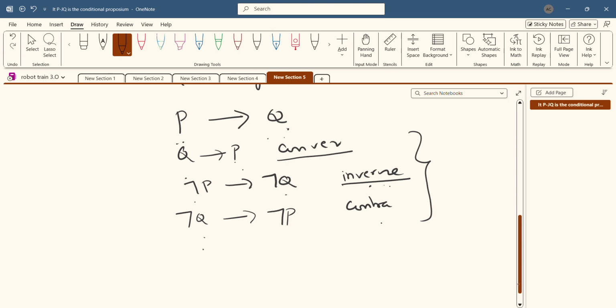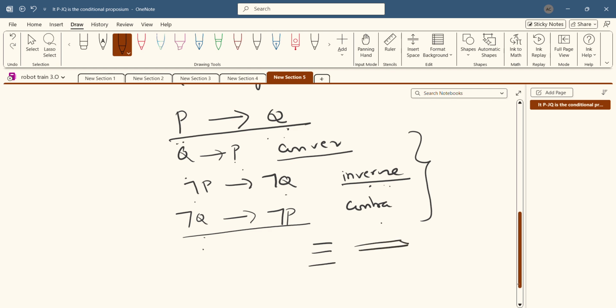Okay. So here the implication and the contrapositive are both equivalent. Implication means P conditional Q. This and this are equivalent. We can denote equivalence by this symbol or this symbol.